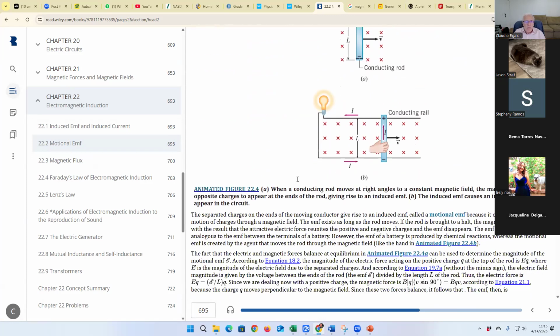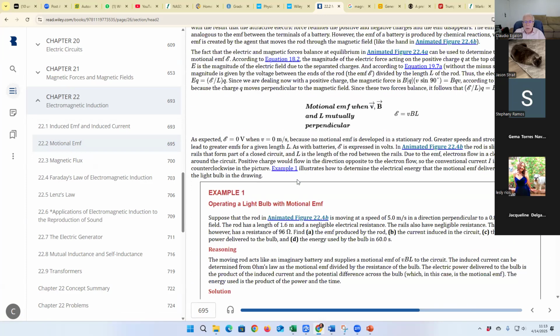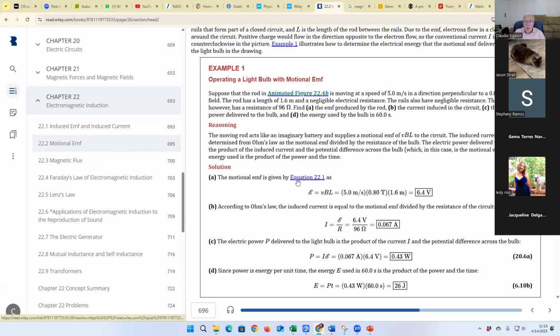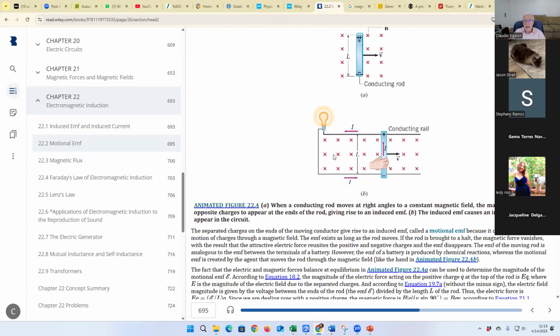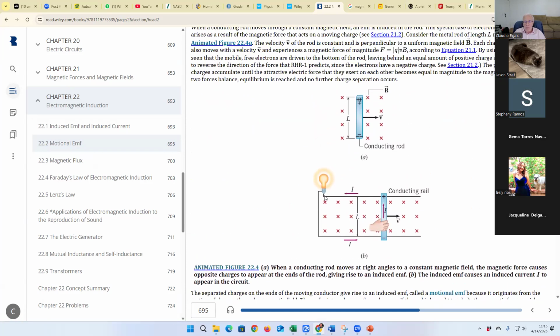Let's do example 1 here. You can picture this situation like a railroad: two conductive plates, and then you have a train that moves along this rail. Let's say we connect a light bulb to the ends of those two rails.